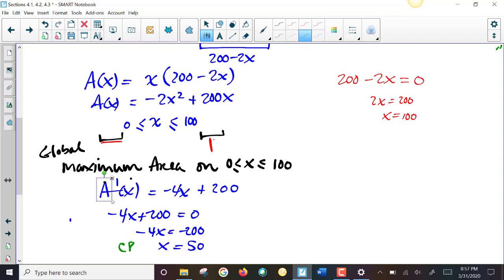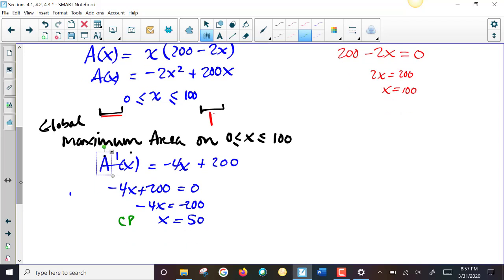So now we have to decide what is going to produce the maximum area. Is it going to occur at the end points, or is it going to occur at the critical point in the interval? I'm sure you can guess already, but we are supposed to check the end points. What's the area at 0 and what's the area at 100?